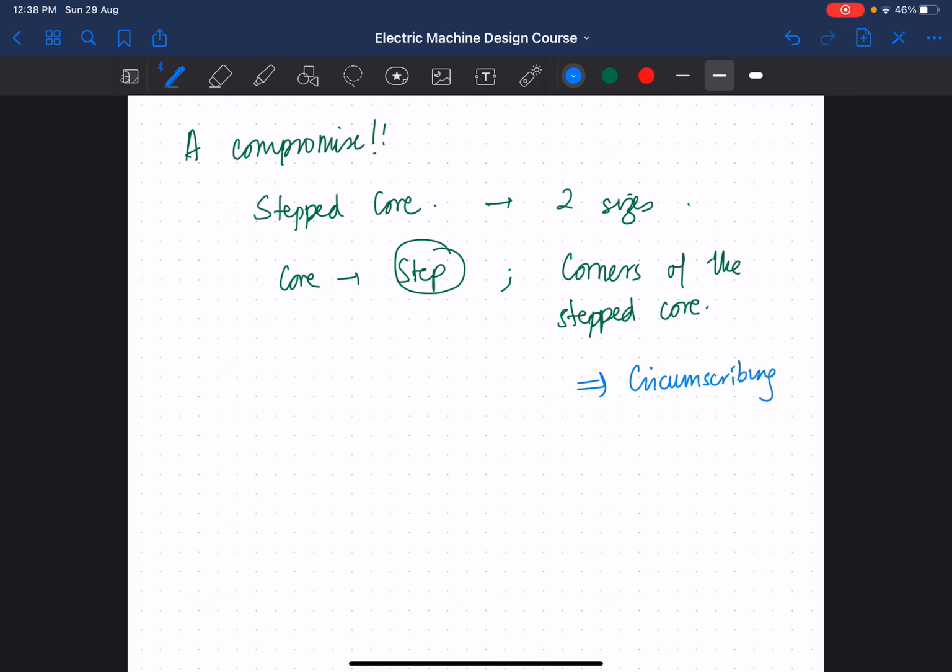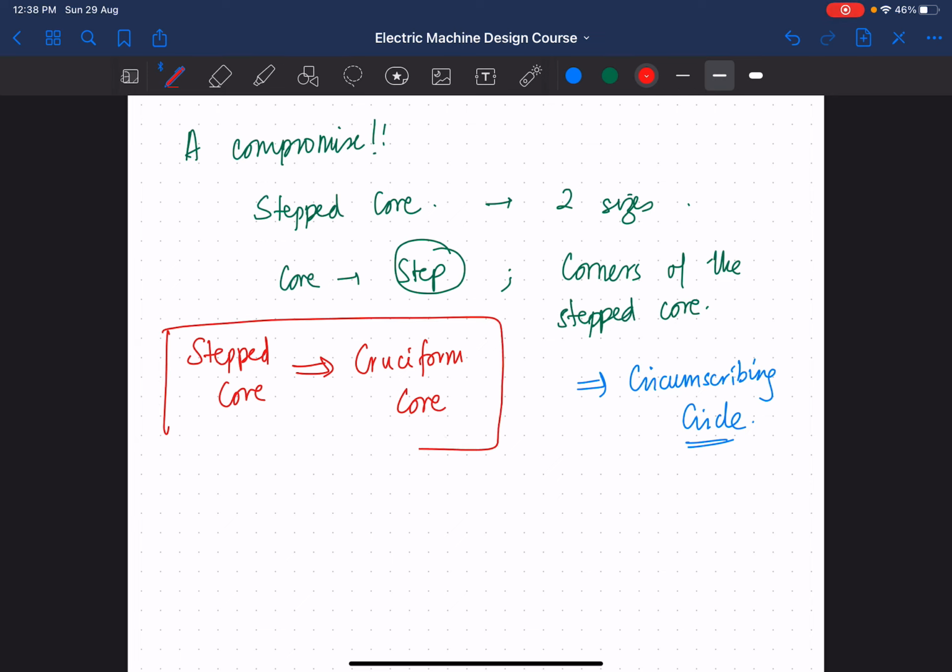And this stepped core is known as the cruciform core. Cruciform core. Okay.